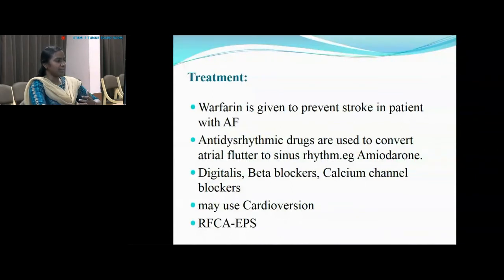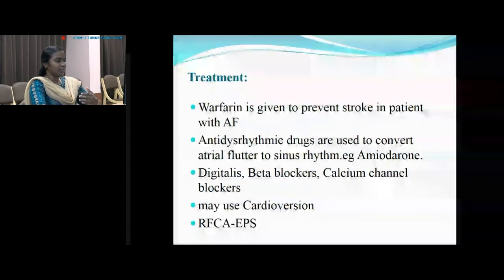Mainly here we give amiodarone, the anti-dysrhythmic drug, to convert the flutter into sinus rhythm, and other medications can also be given to convert to normal sinus rhythm. Cardioversion can also be used if the patient doesn't respond to the medications, and if the atrial flutter persists for a longer period, then cardioversion can be the definitive treatment to convert the flutter into normal sinus rhythm.